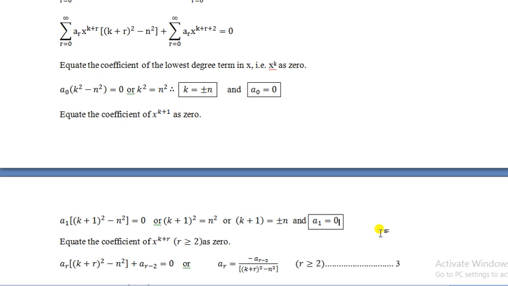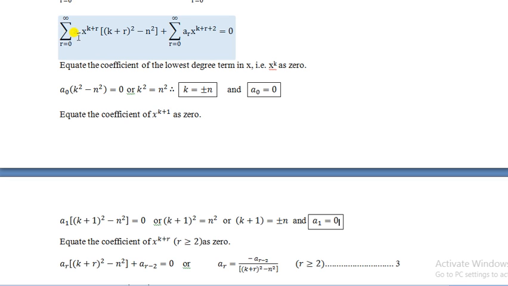Then similarly, we substitute r equal to 2, 3, 4, 5 and so on in this equation. Finally, we equate the coefficient of x raised to k plus r, where k plus r is greater than 0, as 0.